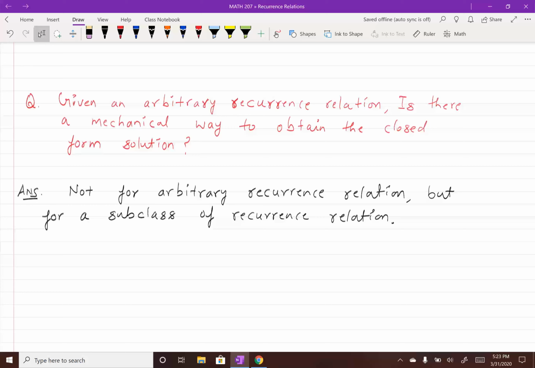And then the natural question is: given an arbitrary recurrence relation, is there a systematic or mechanical way to obtain the closed form solution of the recurrence relation? The answer is that this is not possible for any arbitrary recurrence relation, but there exists a subclass of recurrence relations for which we have a systematic way to solve them. And that's going to be the focus of this lecture now.